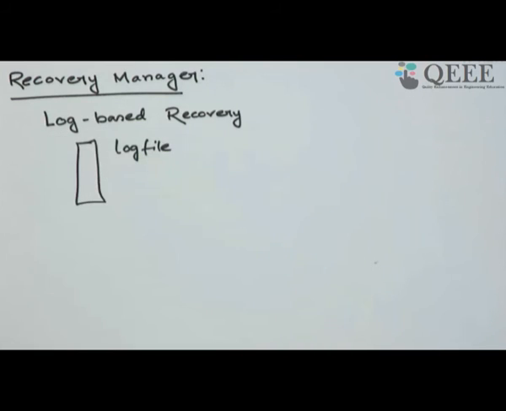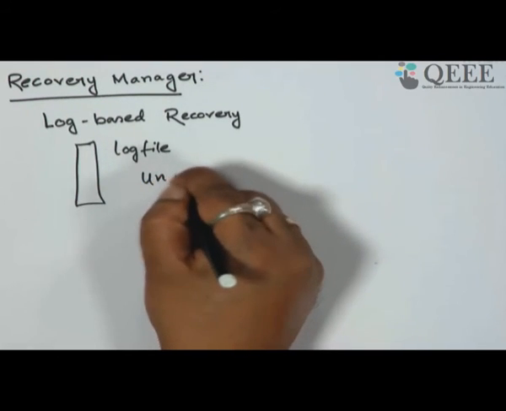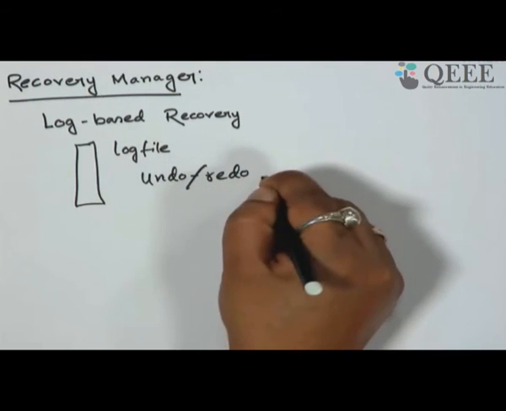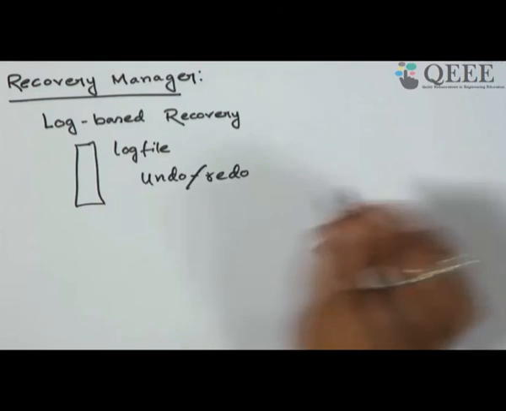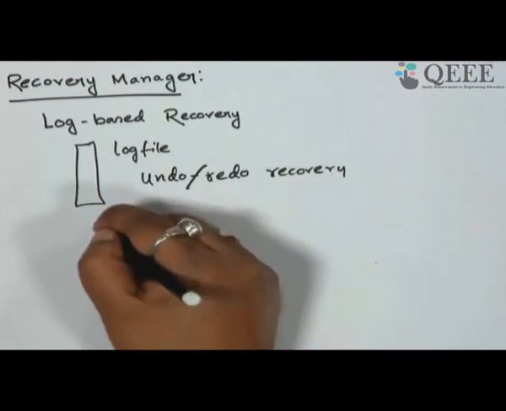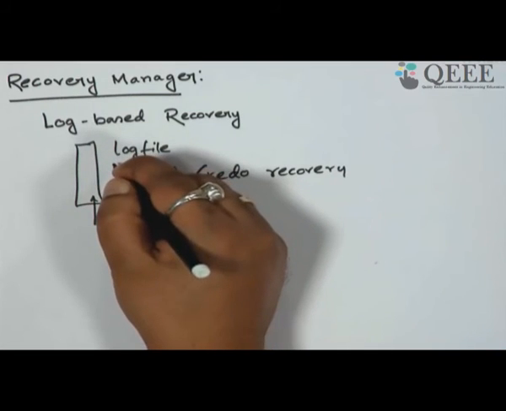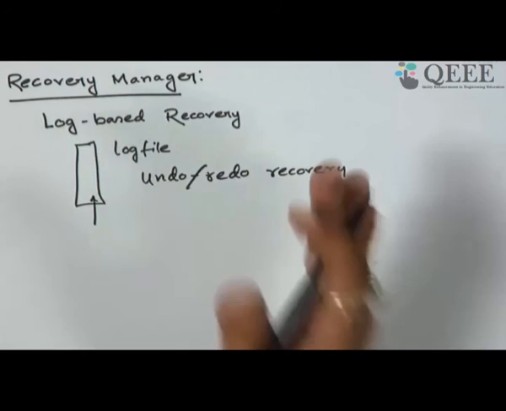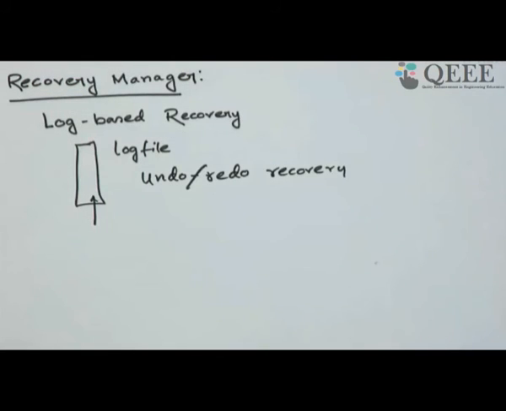Once you have saved this log, you make the change. In case you have to undo the change, you can consult the log file and do an undo or a redo recovery to abort the transaction and undo its effect. So you go back to the log file, see which transactions aborted, undo their effect, and then get the database back to the state where it was before the crash.